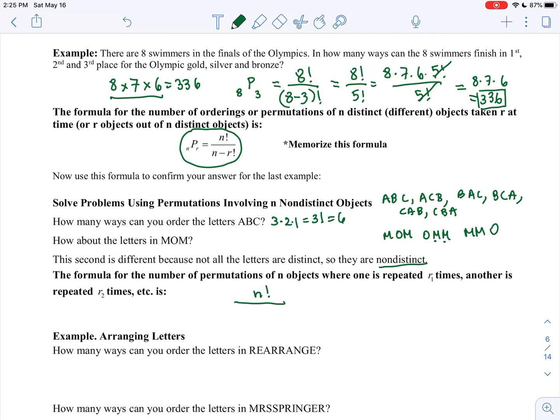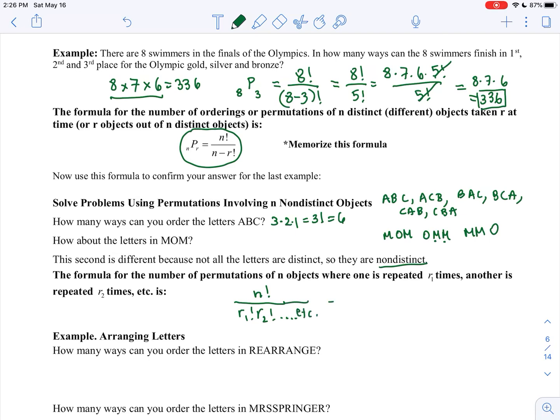So we'll call that first repetition r sub 1 factorial. And then if there's more letters within the initial problem that are being repeated, we would continue to divide by however many of those letters are being repeated, and so on and so forth. So I'll just put etc. here.